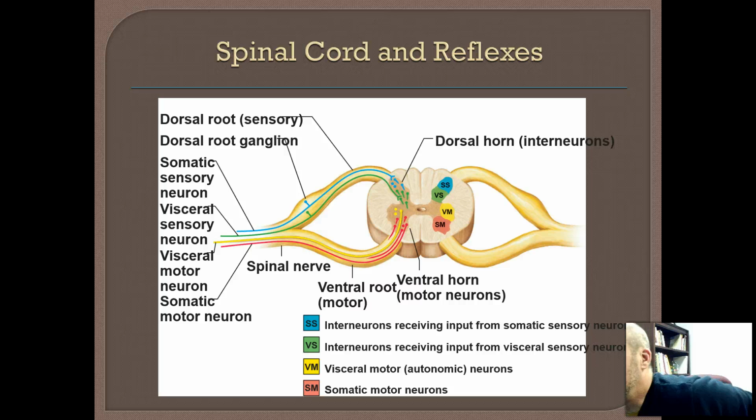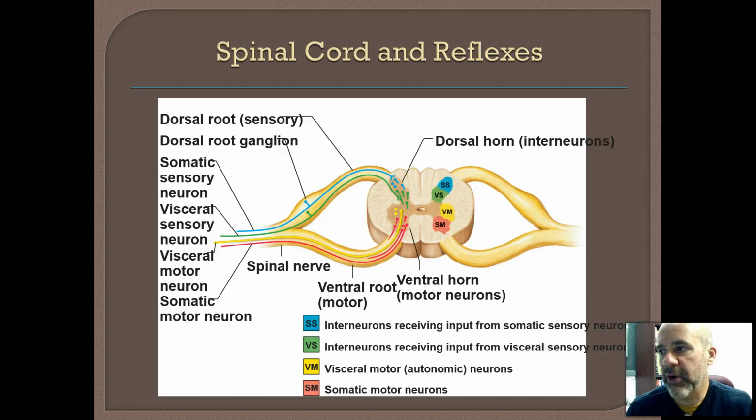Spinal cord reflexes. All right, so reflexes, remember, are things that happen automatically, involuntary, and the brain, the cerebrum, does not have to get involved at all in making those decisions.